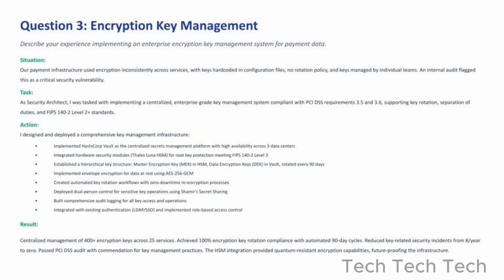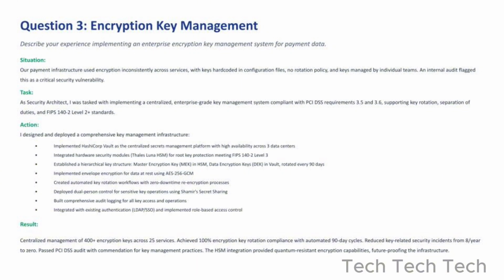Task: as security architect, I was tasked with implementing a centralized, enterprise-grade key management system compliant with PCI DSS requirements 3.5 and 3.6, supporting key rotation, separation of duties, and FIPS 140-2 Level 2 plus standards.